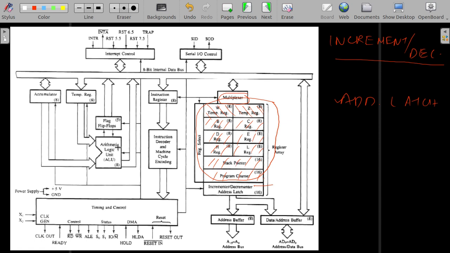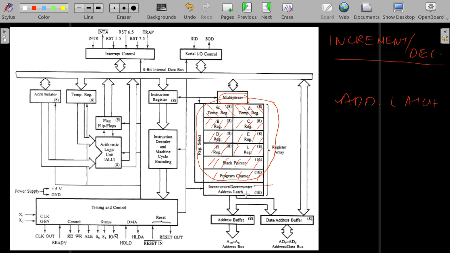Instead of using the ALU just for adding or subtracting one every time, you are given dedicated increment/decrement hardware along with the stack pointer and program counter. The address latch we will come to later.